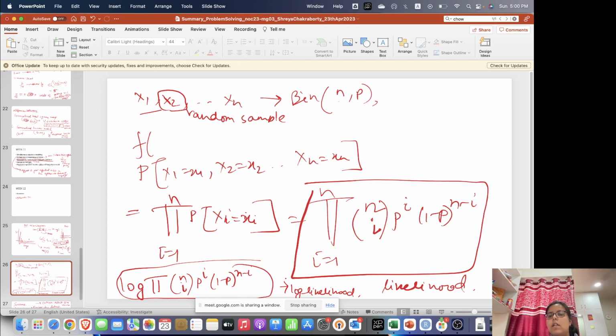I'm talking mathematically. Likelihood is the probability that your parameters are theta given you have an observation x.